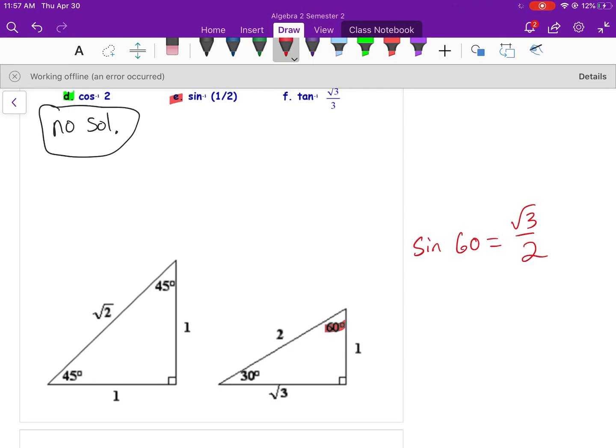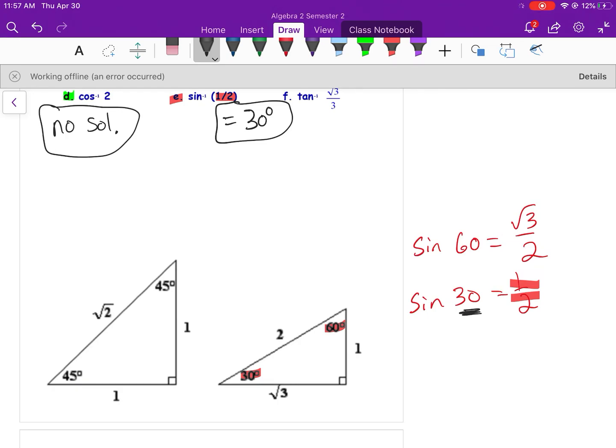That's not what I'm looking for. But sine of 30, opposite over hypotenuse, gives us 1/2. That is what I'm looking to get. And what angle did we go from? We went from 30 degrees. So the inverse sine of 1/2 is 30 degrees.